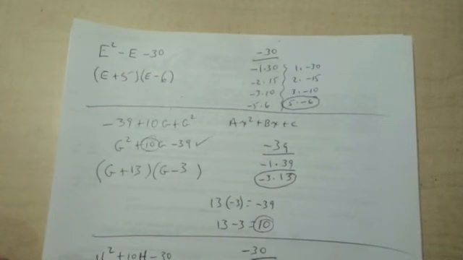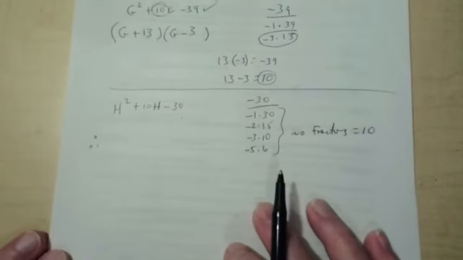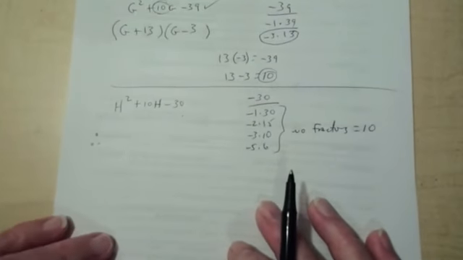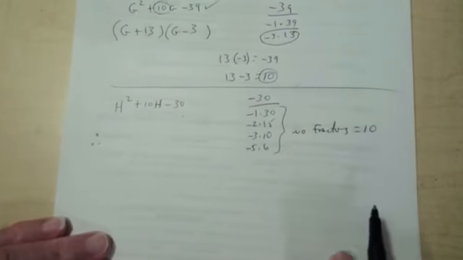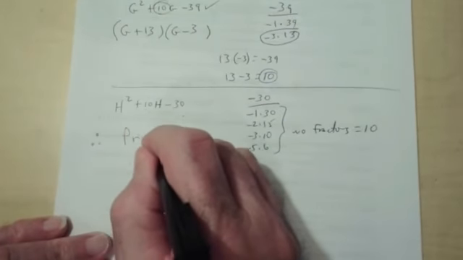Which two of these add together to give us 10? No factors equal 10. Therefore, the three little dots mean therefore, this is prime.